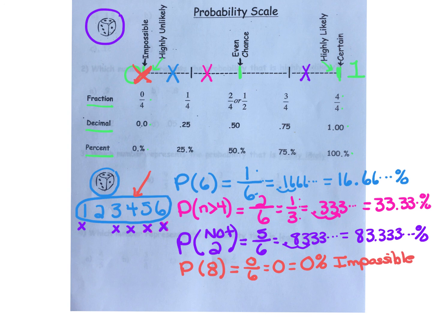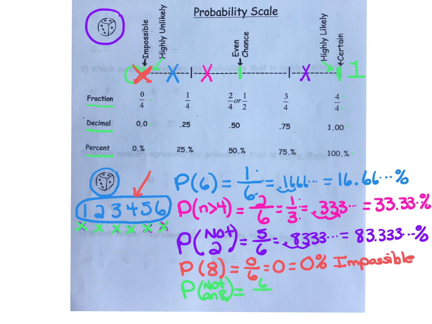Let's try one more together. What's the probability of rolling not an 8? Well, if you think about it, 1 is not an 8, neither is 2, 3 is not an 8, 4, 5, and 6 are all not 8.